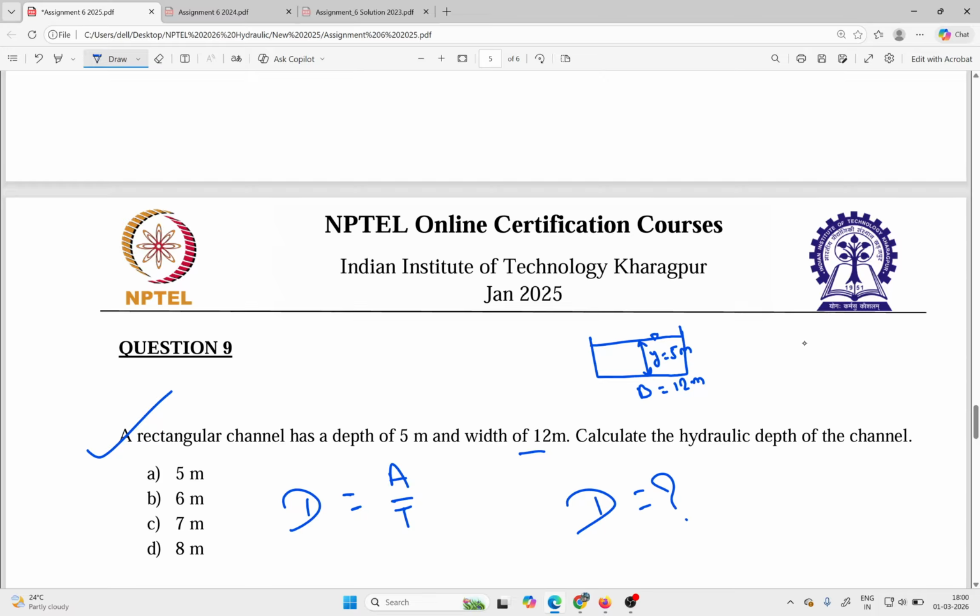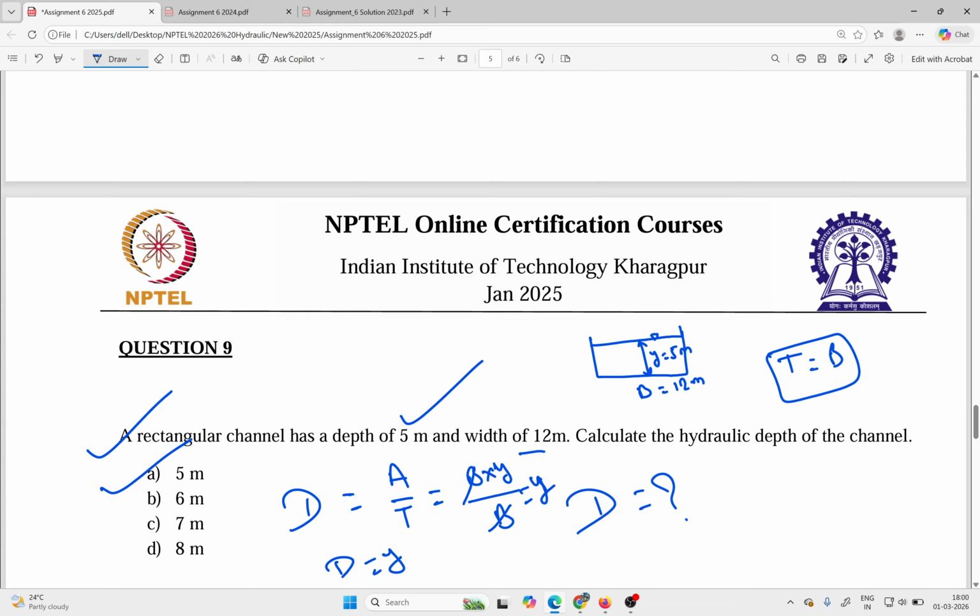Now, what is area? B into Y. What is top width? Top width is nothing but equal to B in case of rectangular. So you come up with only Y. So your D is equal to Y, which is 5 meter. So option A is correct for question number 9.